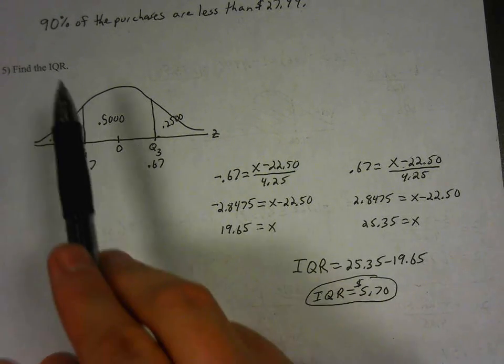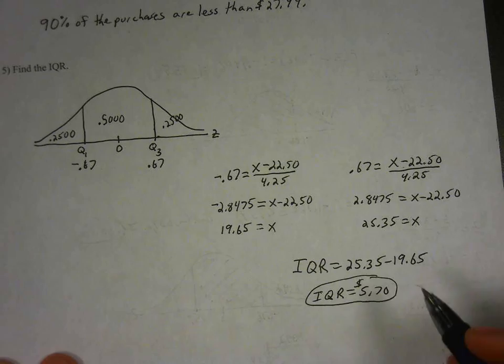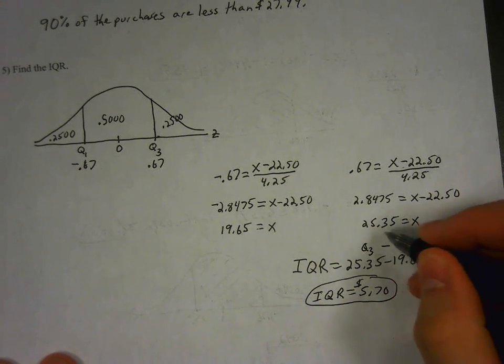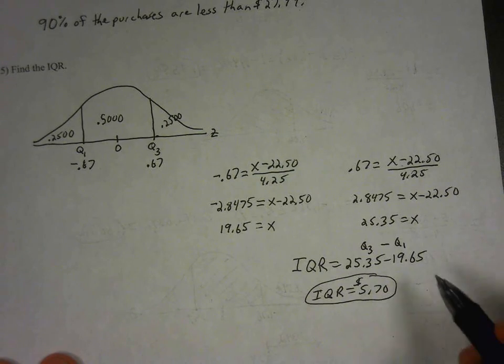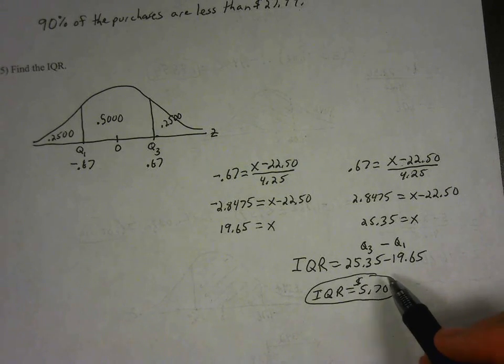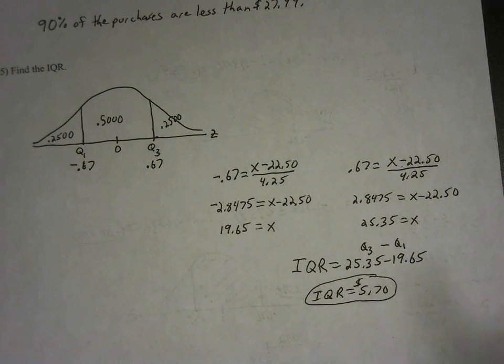To find the IQR, that is Q3 minus Q1, and that gives you 5.70 for the difference. So the middle 50% of the data has a $5.70 difference. That is a review of the normal curve. If you need to go back and rewind the lesson or pause it, do whatever you need to do to see the answers.